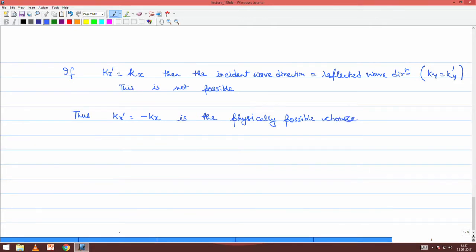Right. Now, let us once more come back to our geometry. So, this is x equals to 0, we had an incoming wave or an incident wave with the wave number vector k x, k y, right, which means this angle theta is given by tan theta equals k y by k x.